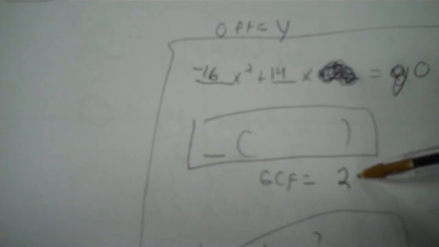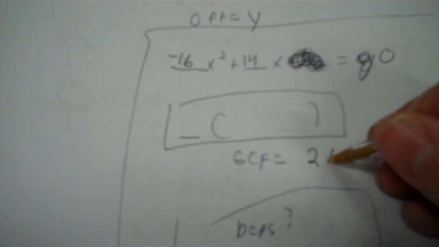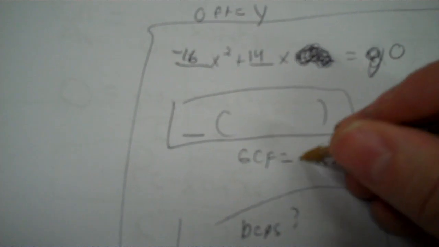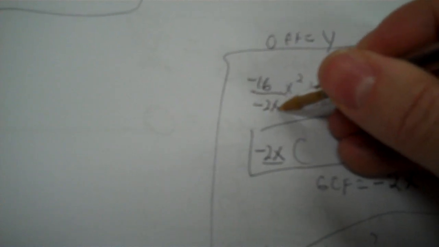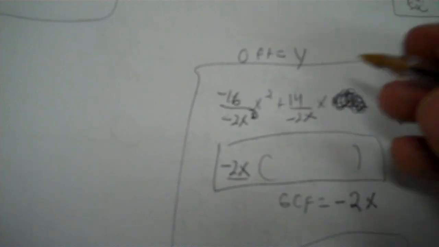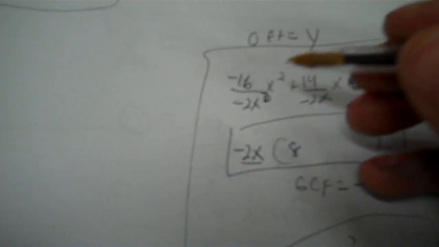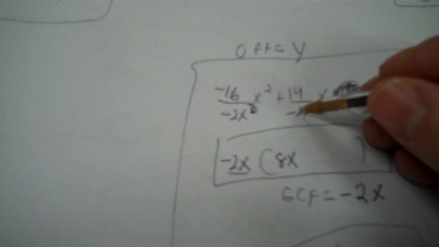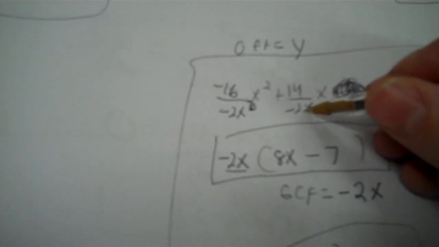You also factor out an x, because neither term is a constant. And the negative in front of the 16 means we need a negative 2x, so we want our x squared coefficient to be positive. 16 divided by that is 8. X squared divided by x takes it to x. Positive 14 divided by negative 2 is minus 7. And those x's cancel.